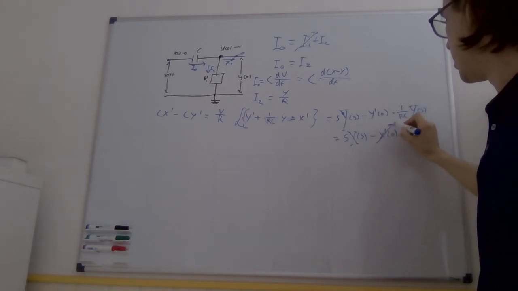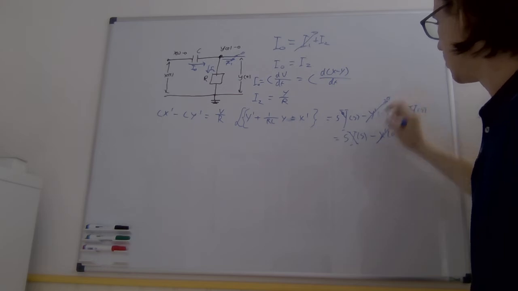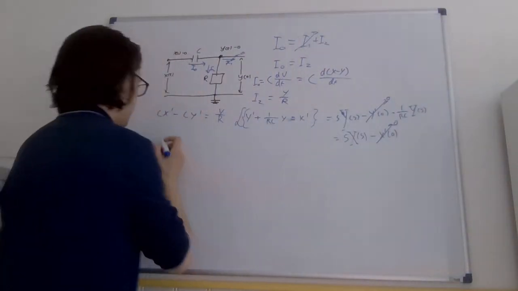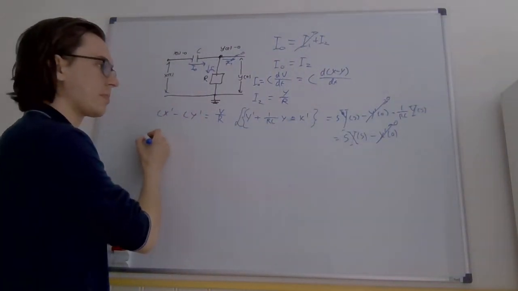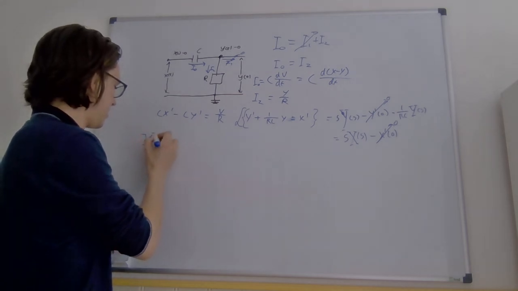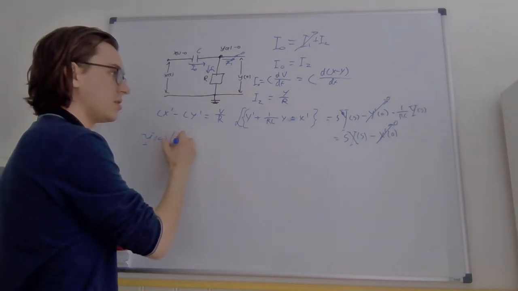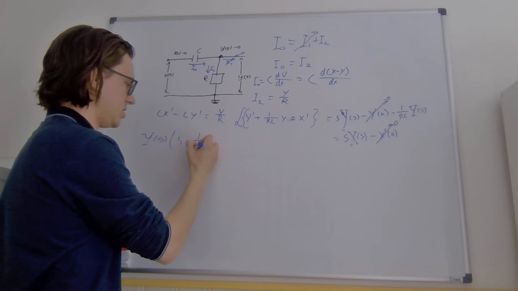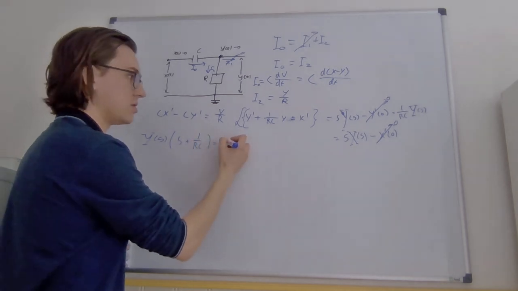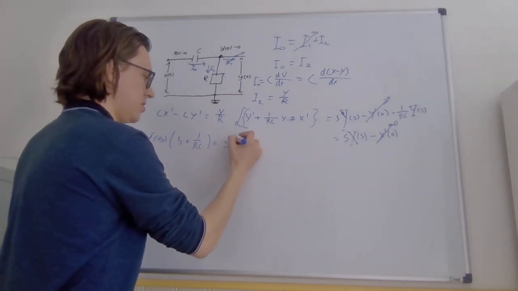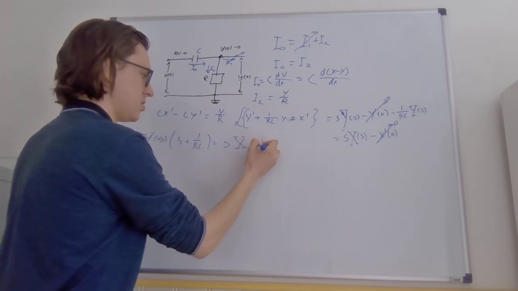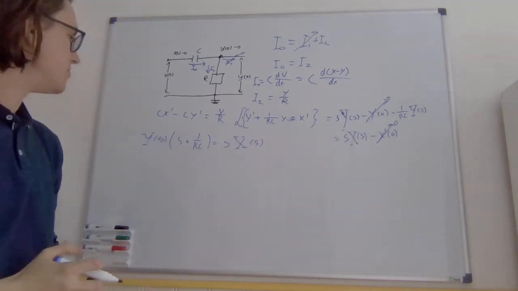We assume that our initial conditions are 0, which leaves us with the formula Y of s times s plus 1 over RC equals s times X of s.